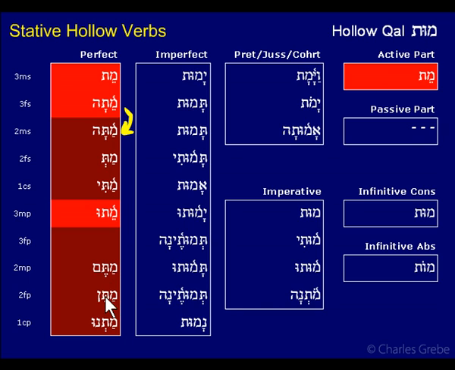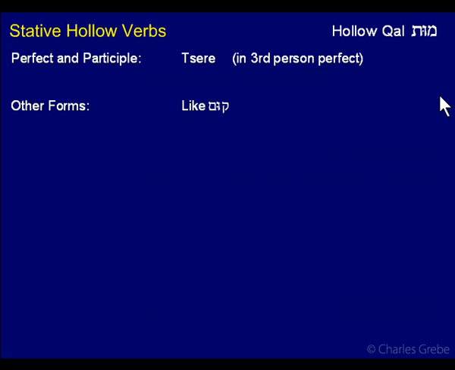Same thing here. So things are a bit shorter. But in the third person, we do see our theme vowel indicating stative, and we see it over here in the active participle. Okay. Perfect and participle has tsere in the third person perfect. Other forms are like cum.